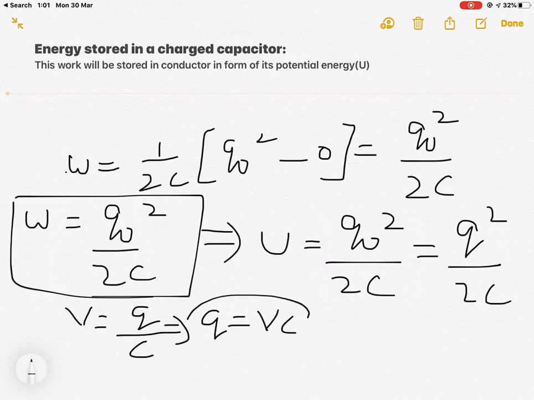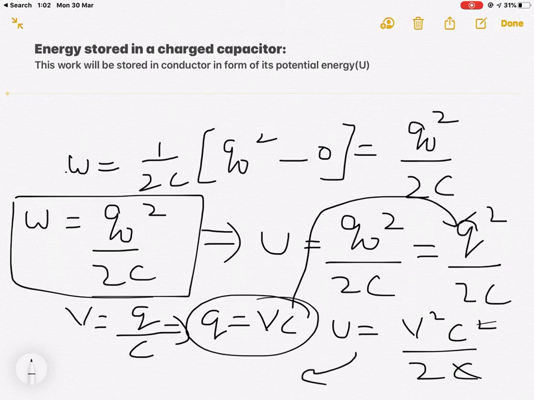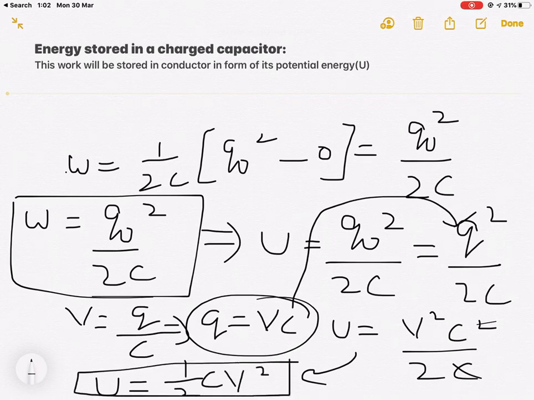If we substitute this value of Q in this equation, we will get U is equal to V square C square by 2C. C and C will get cancelled, and you will get U is equal to half CV square. This is another very important expression for energy stored inside a conductor.